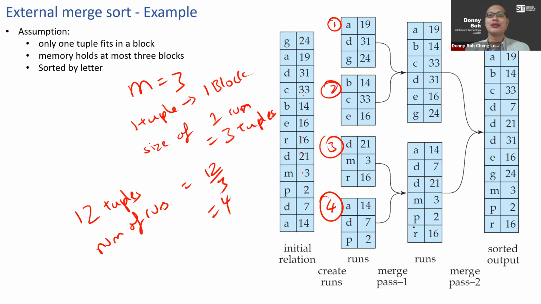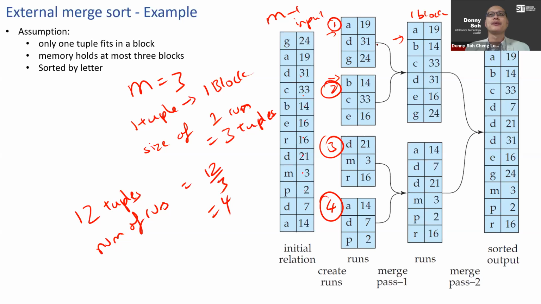Then we do the merge pass. In the merge pass, we have n-1 blocks as the input and 1 block as the output. We'll go through how this works later on, but essentially you can consider it to be like 2 pointers as the input and the output as 1 pointer.